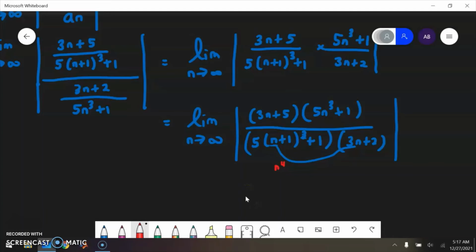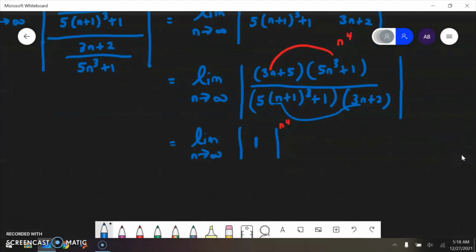Similarly for 5n cubed and n, you will have n to the power of 4. So if I divide each term by n to the power of 4, you'll end up getting n to the power of 4 divided by n to the power of 4, which is 1. So L equals 1.